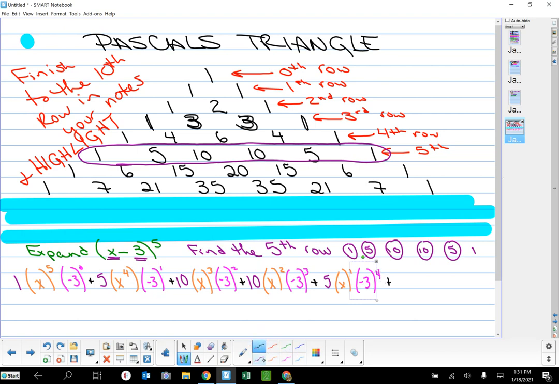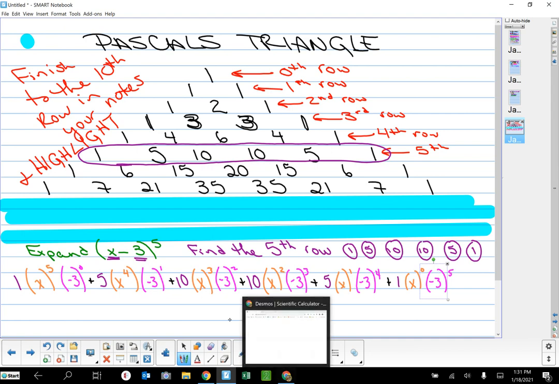Plus my next coefficient. And I would draw all these out. Don't take anything for granted. My x goes down a power, my y goes up a power. Double check that your exponents equal 5 on every term. 5 plus 0 is 5, 4 plus 1 is 5, 2 and 3 is 5, 3 and 2 is 5, 1 and 4 is 5, 5 and 0.